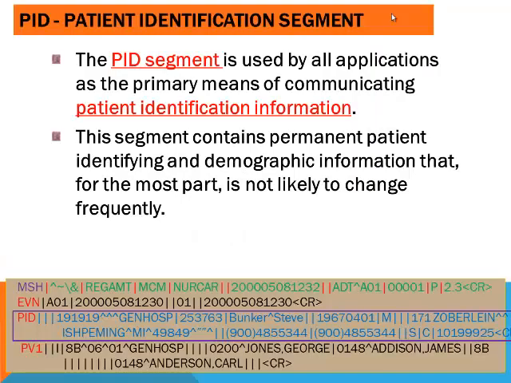Last time we talked about the MSH segment. We know another segment is also very important in the message. That's called the PID segment. The PID segment is the patient identification segment.